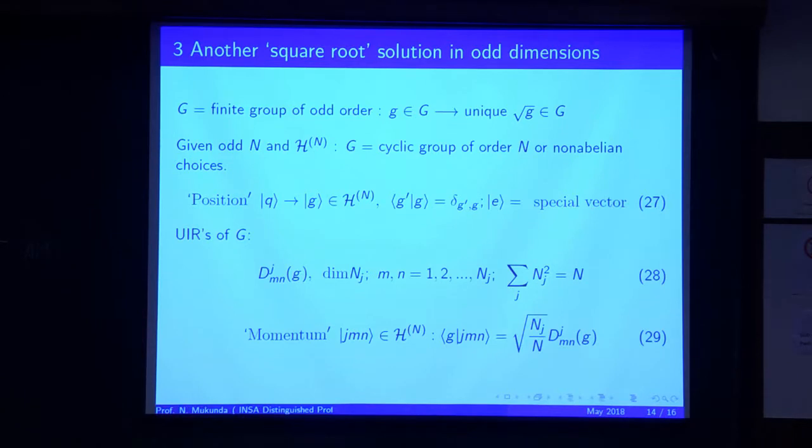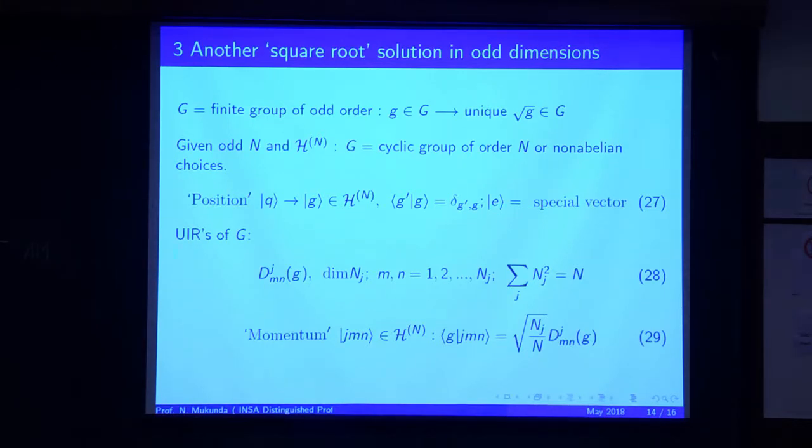So in any case, what we do is the following. We let the role of position in the previous description be played by elements of our group. So there is one ket vector G for each group element. They are orthonormal, and you can imagine that for the identity element, the vector has some special status.